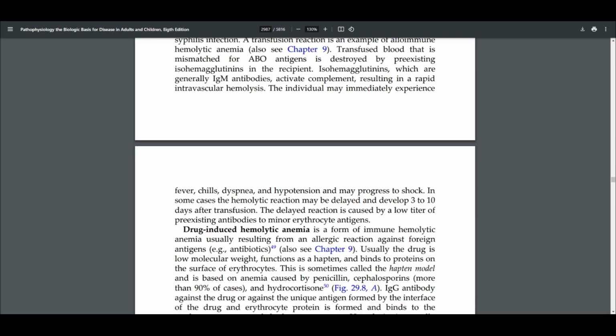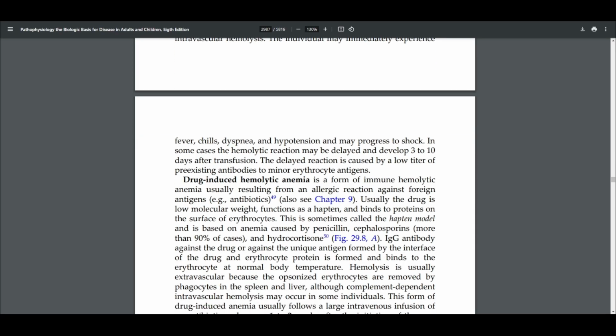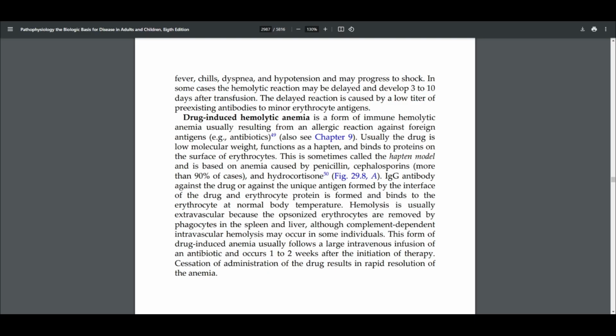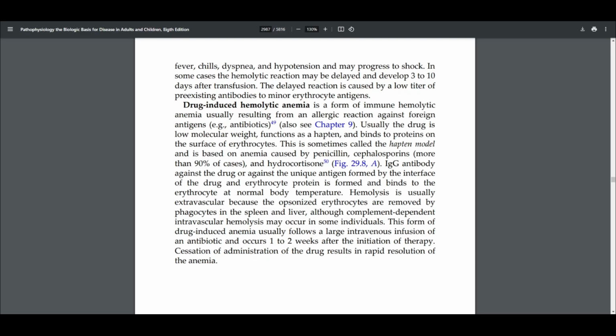The individual may immediately experience fever, chills, dyspnea, and hypotension, and may progress to shock. In some cases, the hemolytic reaction may be delayed and develop 3 to 10 days after the transfusion. The delayed reaction is caused by a low titer of pre-existing antibodies to minor erythrocyte antigens.